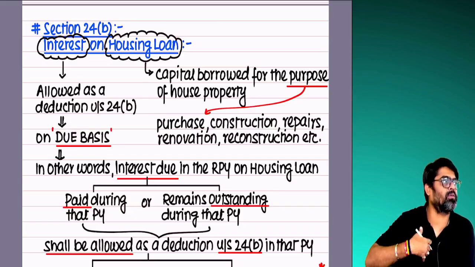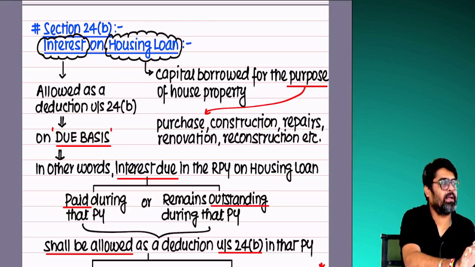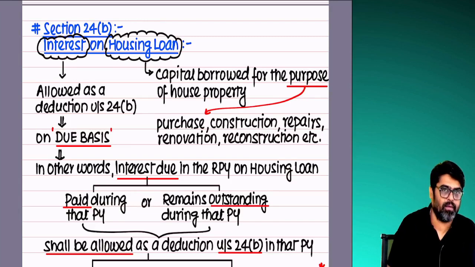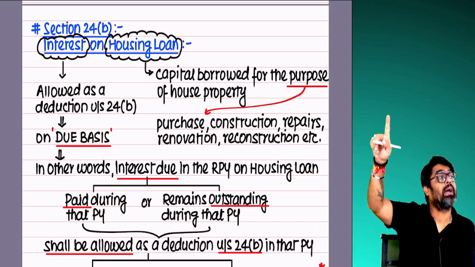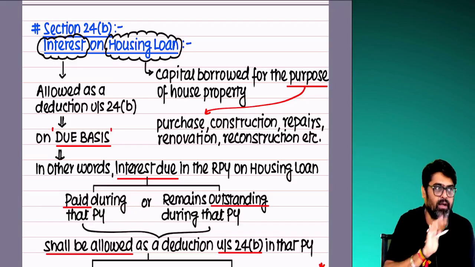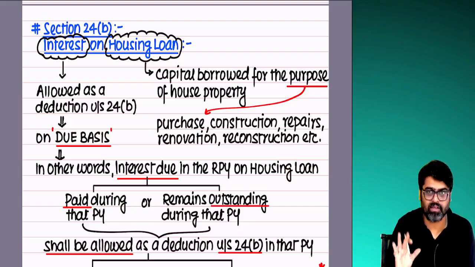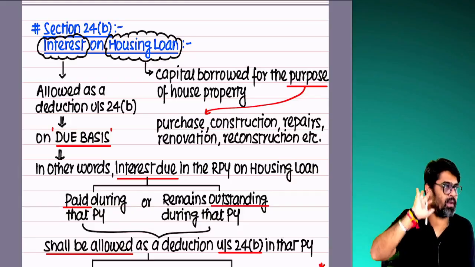I have taught for so many years, so I know in which areas of this chapter students face difficulty. The first place is actual rent and the GAV calculation. That I have already told you. So whenever you revise this chapter, be careful about that. Revise that thing properly. Yes or no?